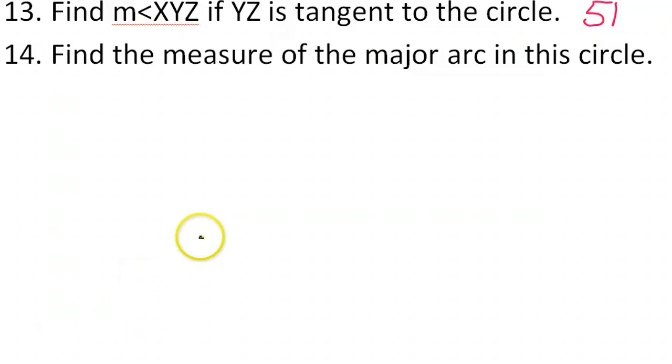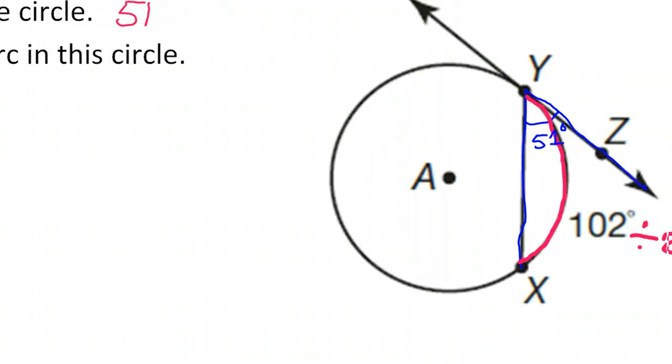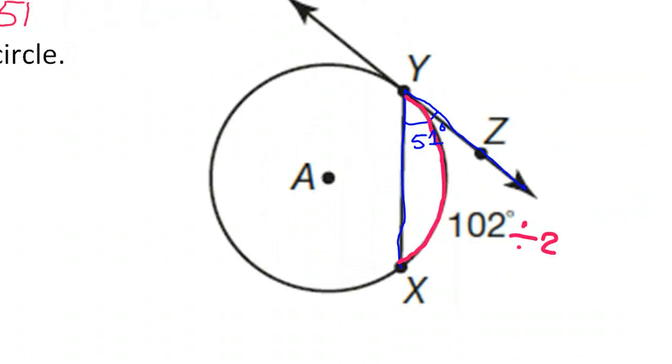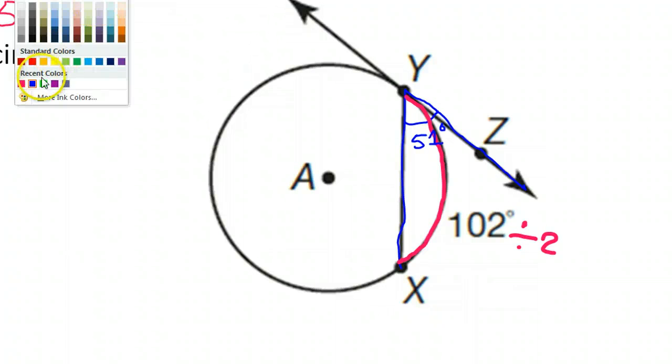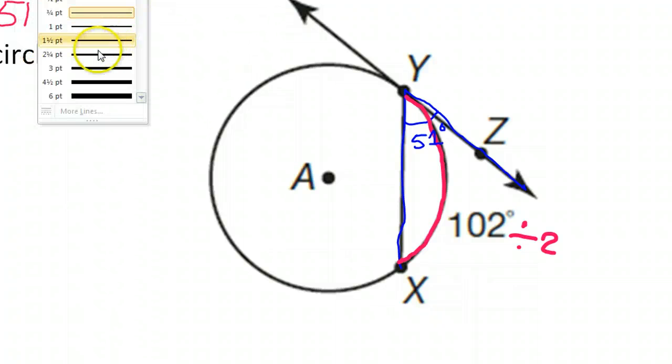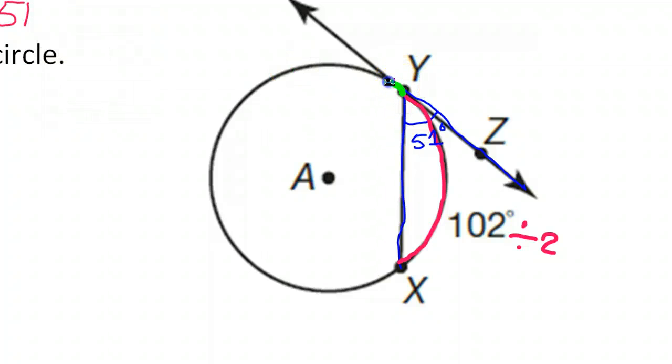Number 14, find the measure of the major arc in this circle. Remember, a major arc is greater than 180 degrees. So we must be talking about the arc that I'm about to show here in green, the long way around. If the minor arc is 102, we will just subtract from 360.